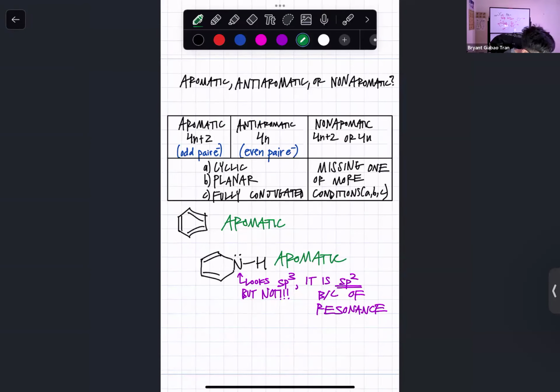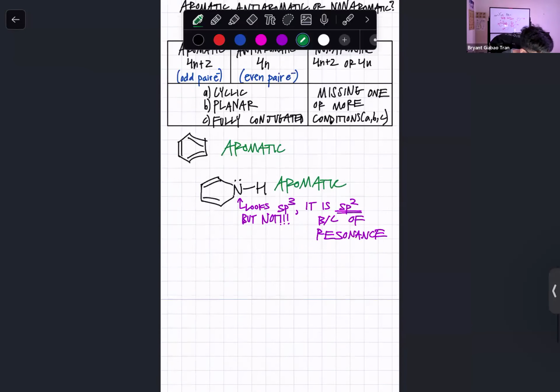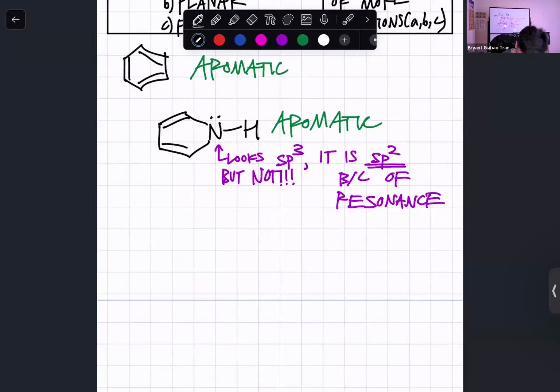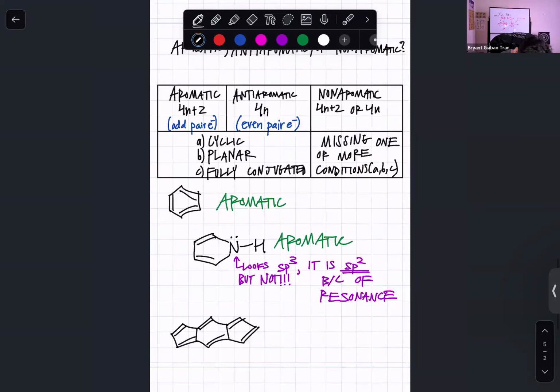Right. Okay, let's try another one. Let's try this one here. Okay, determine whether this molecule is aromatic, anti-aromatic, or non-aromatic using this table here, for 1 to 2 minutes.